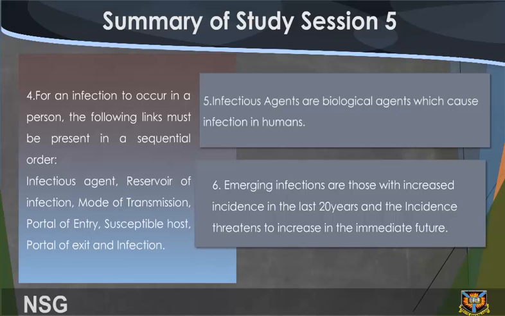Five, infectious agents are biological agents which cause infection in humans. Six, emerging infections are those with increased incidence in the last 20 years, and the incidence threatens to increase in the immediate future. End of study session 5.